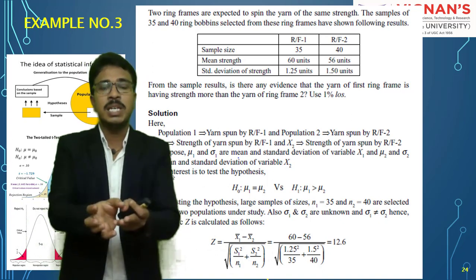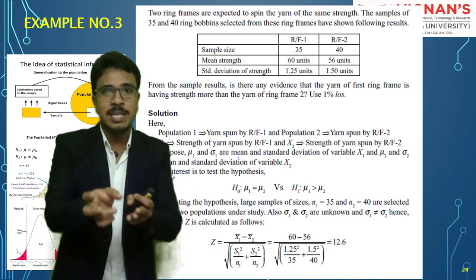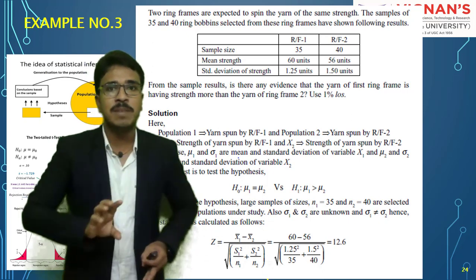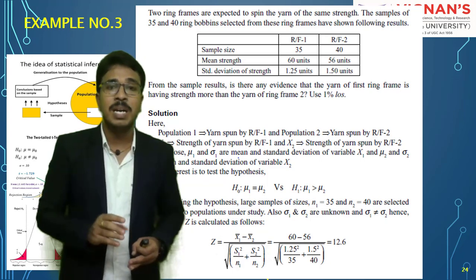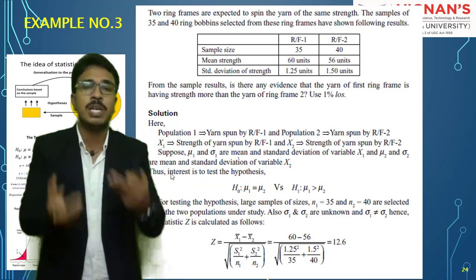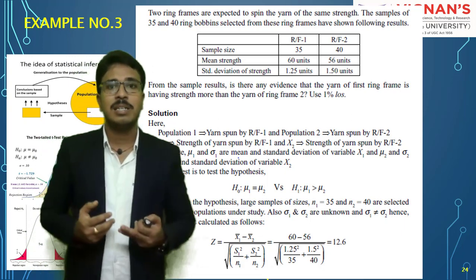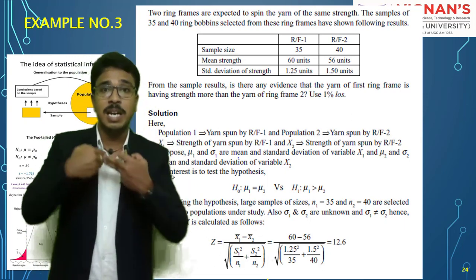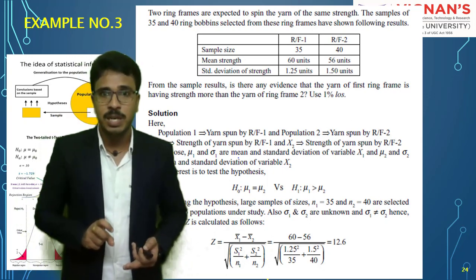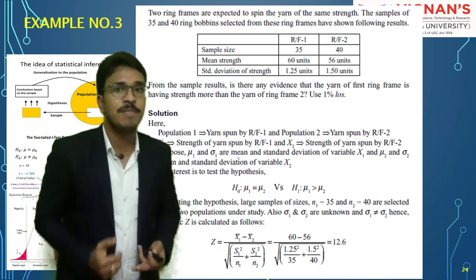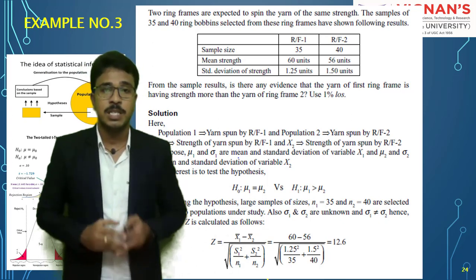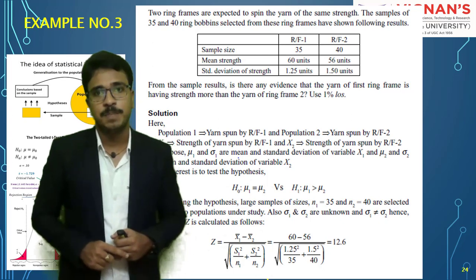Simply by looking at sample 1, that is the first ring frame, and the second ring frame, the first ring frame strength is more. But what is the evidence? Simply by looking at the values, how can you say there is any significant difference, or any evidence that the strength of yarn produced in ring frame 1 is more than ring frame 2? This is what we have to confirm.